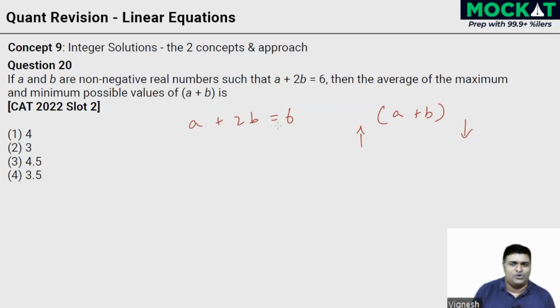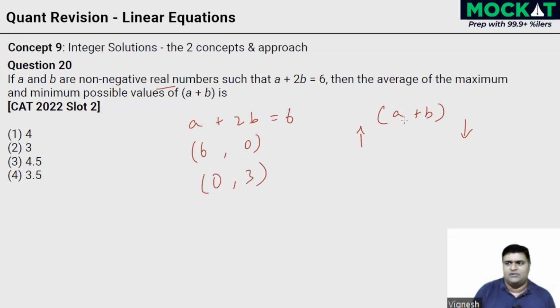So it's going to be the two edge cases. If a plus 2b is 6, what's the largest value a can take? That's going to be 6. Then b becomes 0. And what's the smallest value a can take? It can take 0. It's non-negative real. If a is 0, then 2b is 6, so b becomes 3.